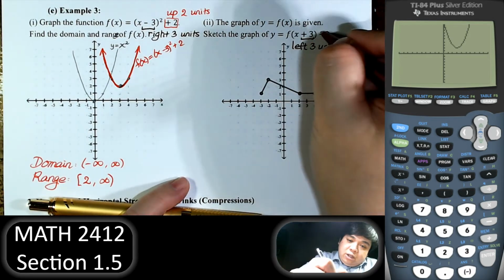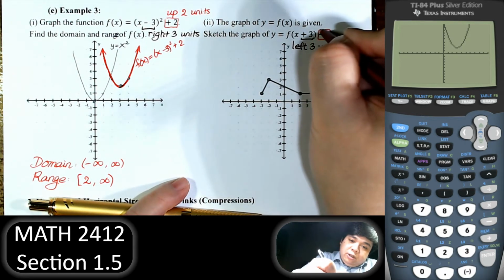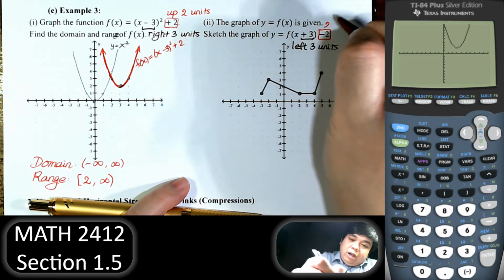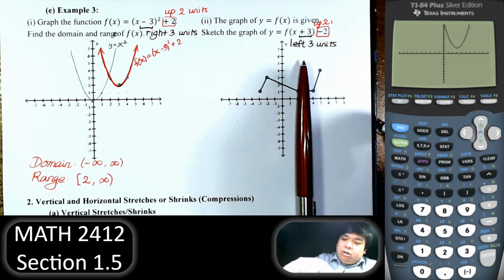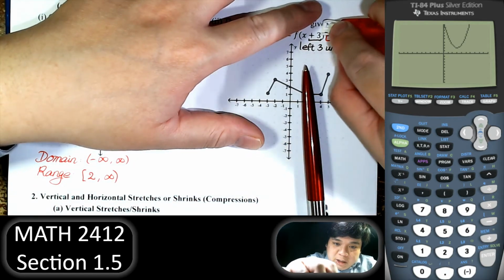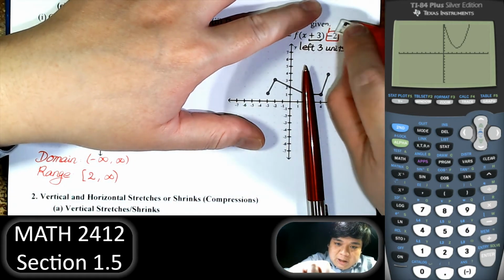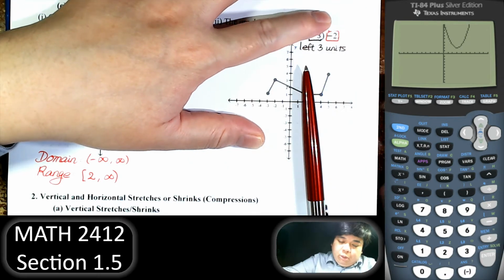And then the minus 2 will be 2 units up. So up 2 units. I'm sorry, this is minus 2, right? So we'll go down 2 units.